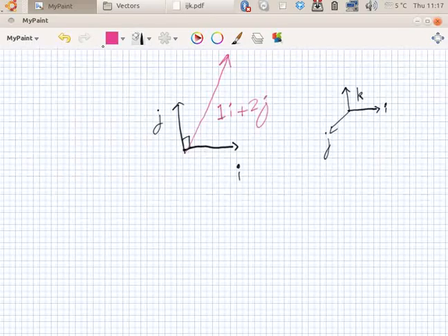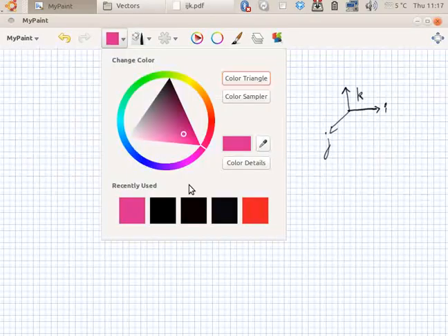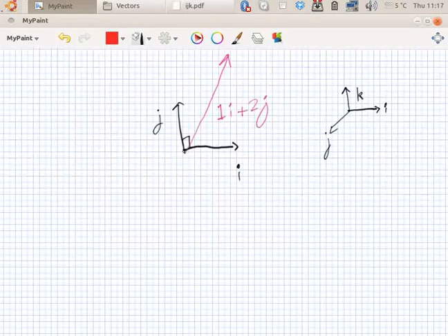Okay, and then let's write another one in here. This vector here, what do you think that one is? 1i minus j.